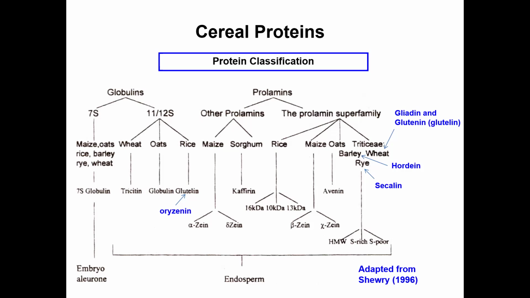So if we go with Osborne fractionation, it is going to give you 4 main fractions: albumins, globulins, prolamins, and glutelins. So let's say rice proteins, it doesn't have high molecular weight glutelins or a very, very small concentration of it.